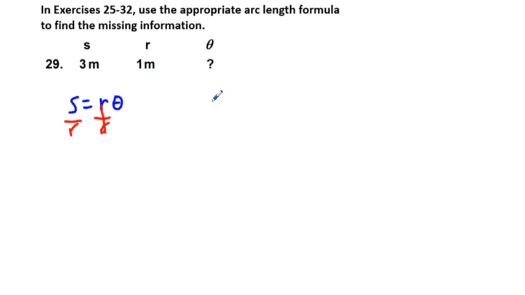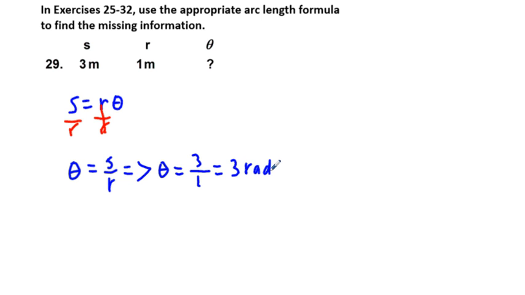So we have theta is equal to S over R, which is going to be our arc length, which is 3, divided by 1, which equals 3, and the units will be radians, which I'll abbreviate RAD.